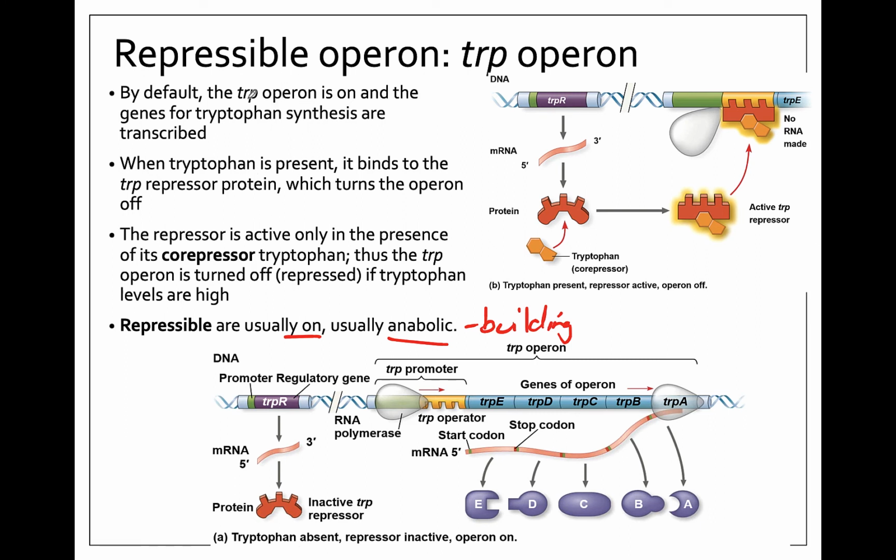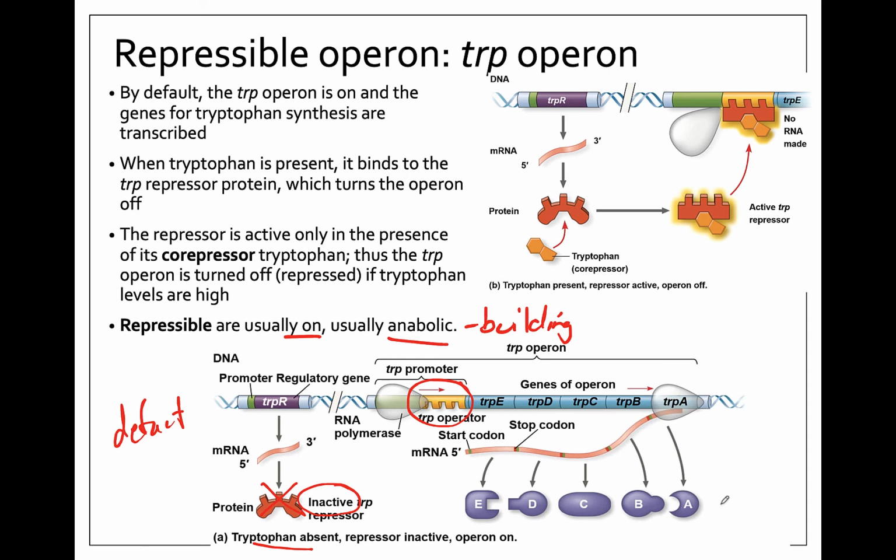So typically the cell needs tryptophan to be able to make more proteins. So at default, when there's not very much tryptophan present, the operon is just on. The operator is not bound to the repressor. So you can see the repressor here is inactive because there's not a lot of tryptophan present. So this is the default situation. So what's going to happen is transcription is going to occur.